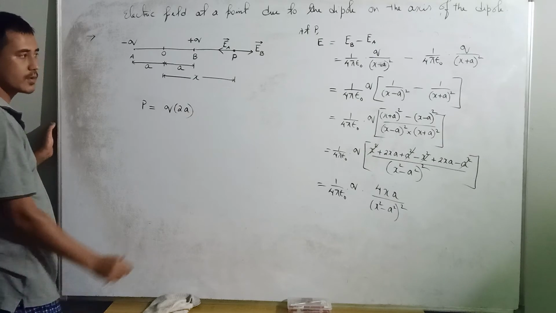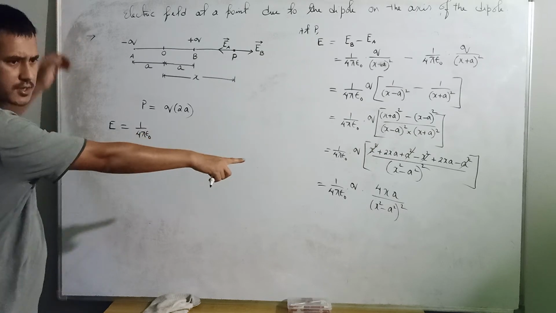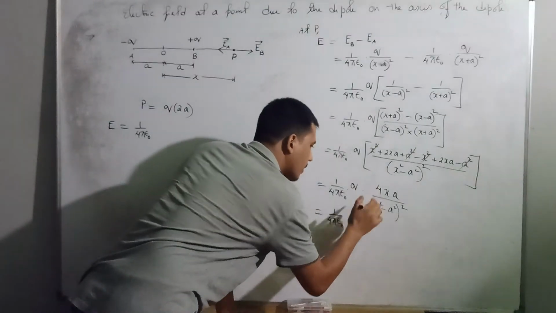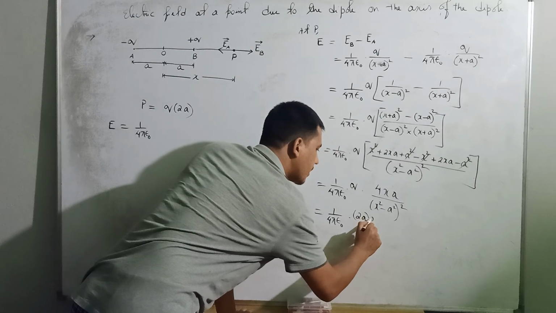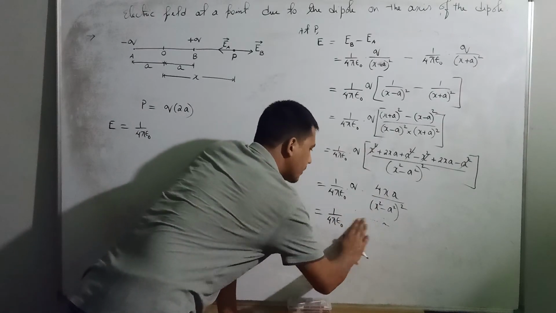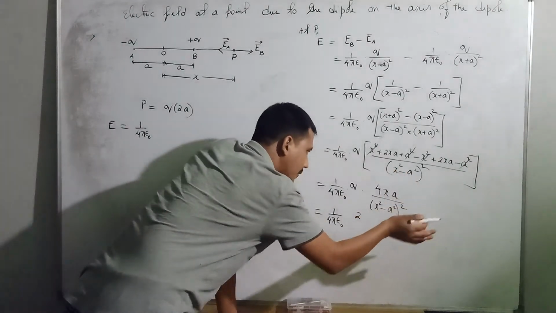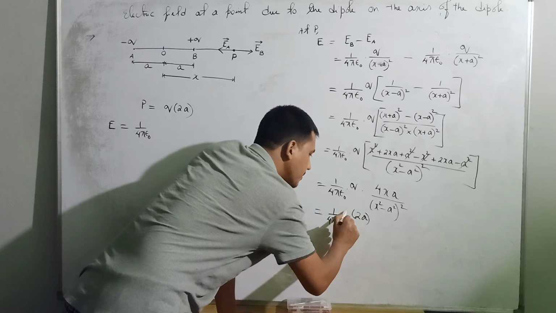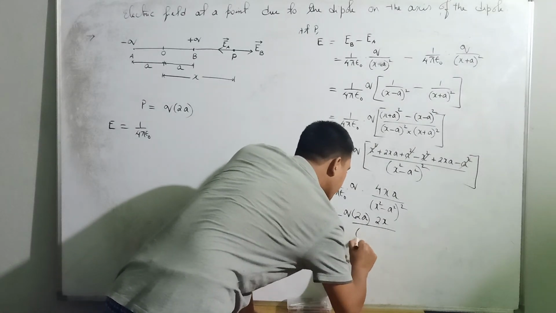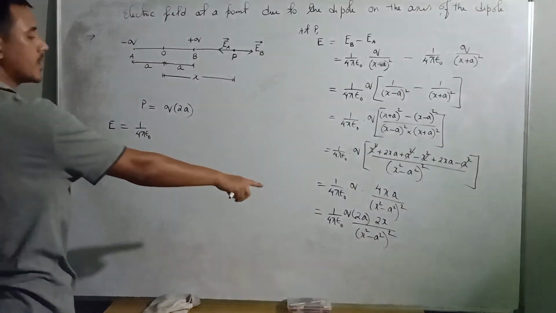In that case, your E will become 1 by 4 pi epsilon naught, and I'm going to rearrange this a bit: 2 times 2, A times Q, then we have 2x left with us, and then x square minus A square whole square.